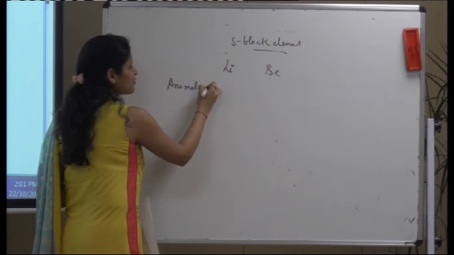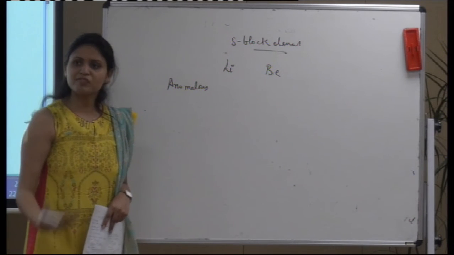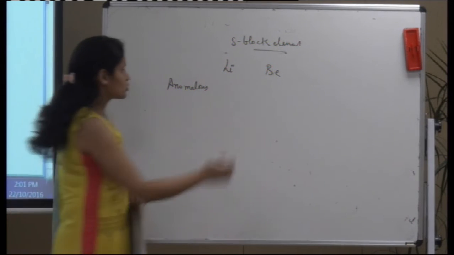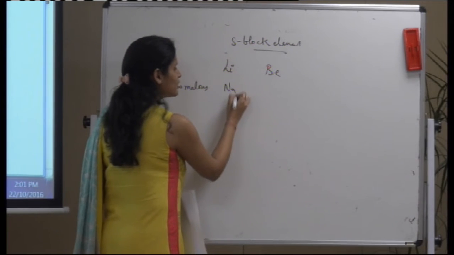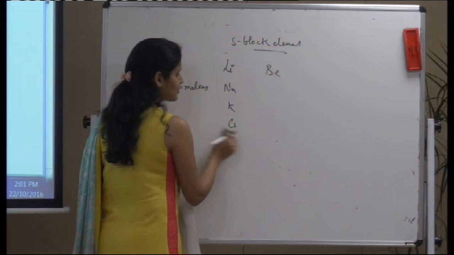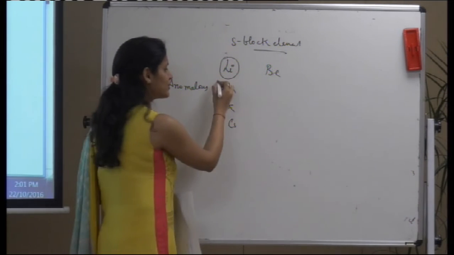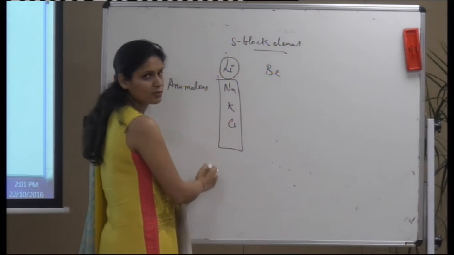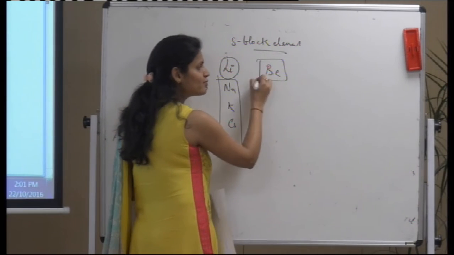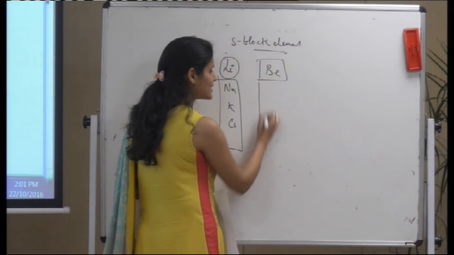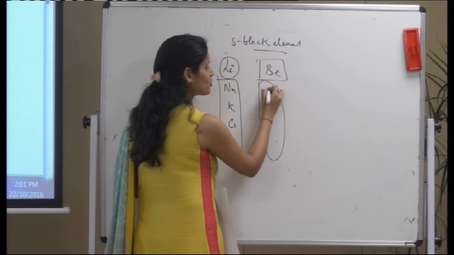That means weird behavior, different from the other elements of that group. So if I am saying lithium, sodium, potassium, cesium, this lithium would behave differently as compared to other elements of its group. Similarly, beryllium would behave differently as compared to other elements of its group.